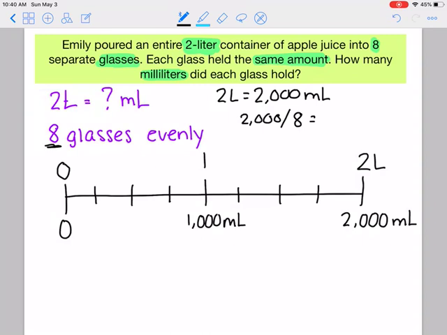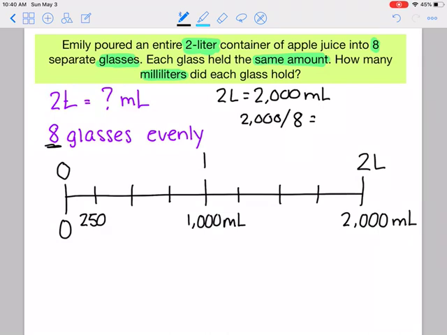So I always like to go back to the idea of money. So each quarter is 25. If you have 4 of them, it makes $1. Well, this is 1,000. So I know that each tick mark would be worth 250, just like a quarter.